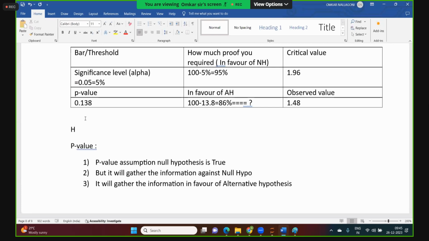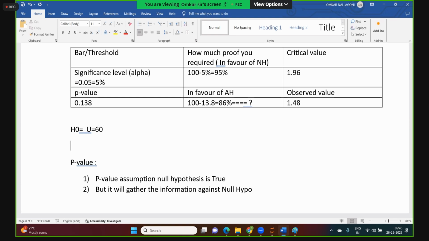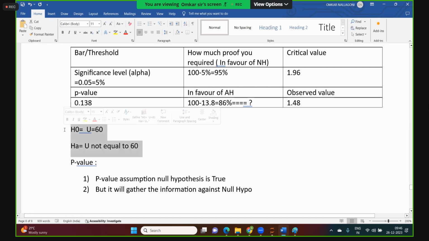H0: mu equal to 60 and HA: mu not equal to 60. Now tell me, based on this analysis, is mu equal to 60 correct or mu not equal to 60 correct?